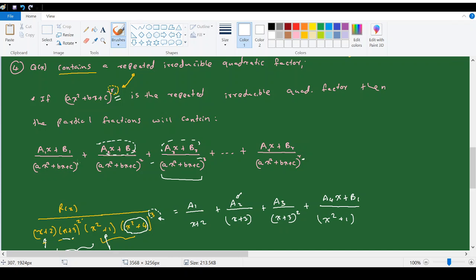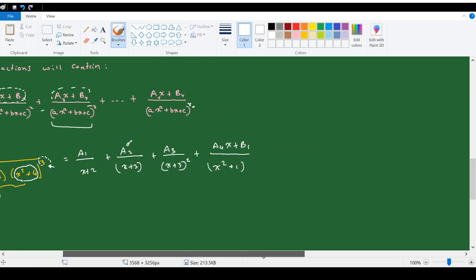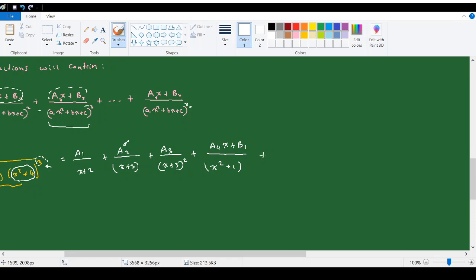And the denominators will start with 1 and go up to r, where this irreducible quadratic factor is repeated r times. And in our example, this is an irreducible quadratic factor which is repeated 3 times. So we write it down like this.